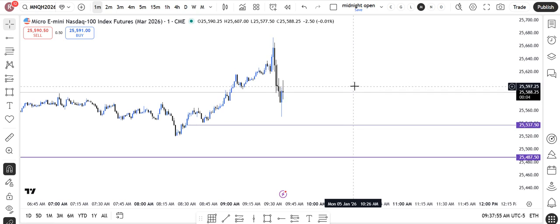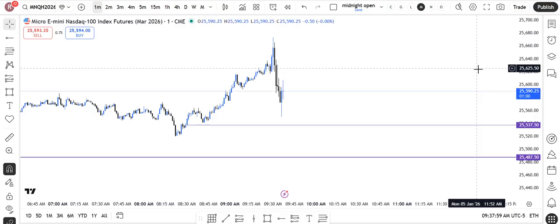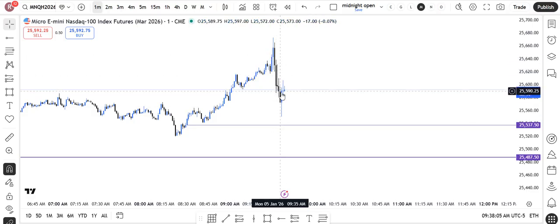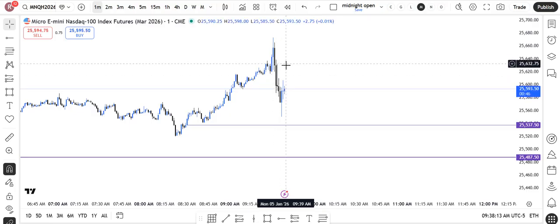Okay. Now, what we haven't seen yet is first presented fair value gap. I thought we were going to get it right here, but we didn't because of this wick. So we can't use that as a fair value gap. But like I said, if your model and strategy incorporates wicks, you could have used this.